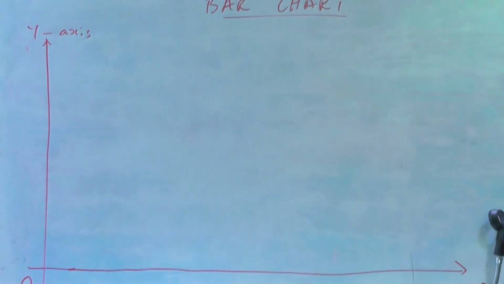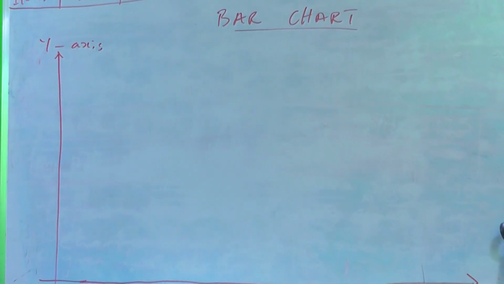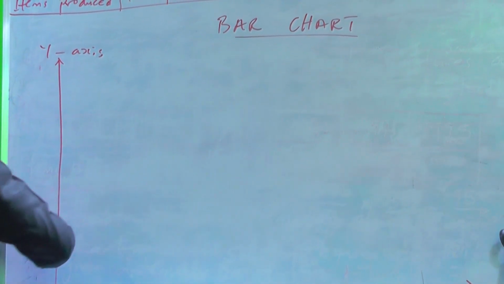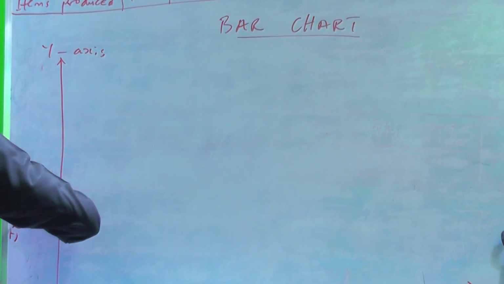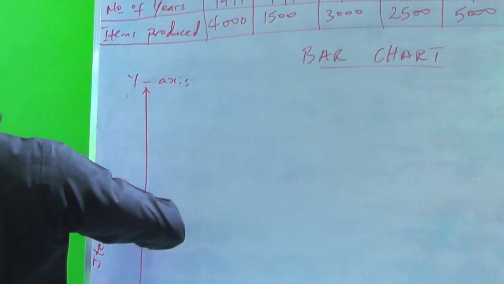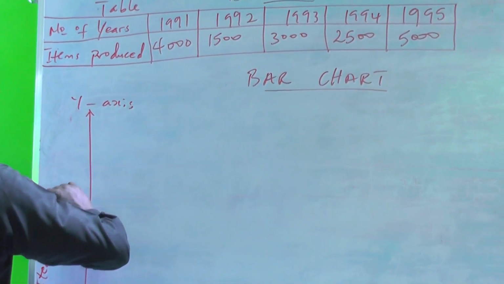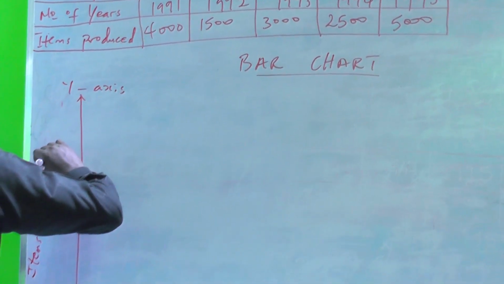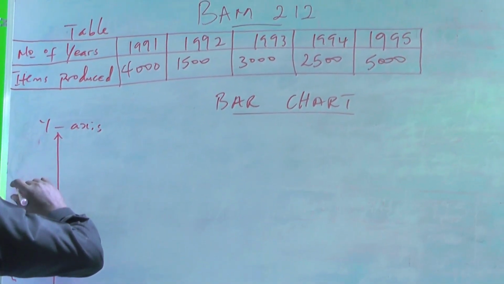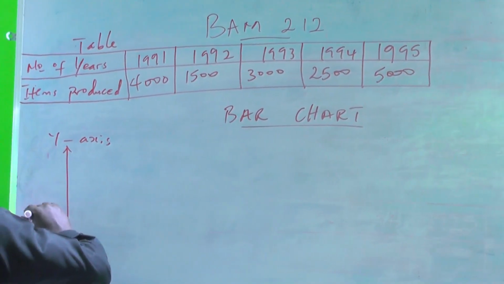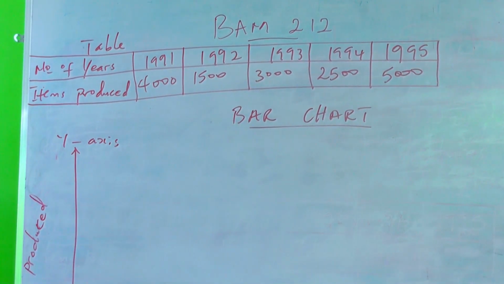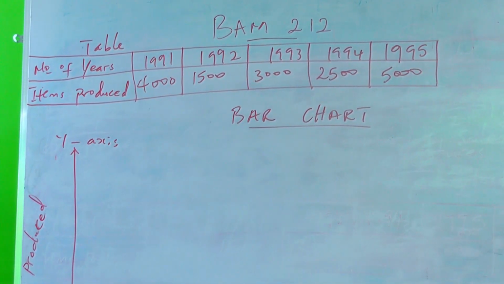We can say the one vertical is what? Is items produced. That is your frequency. So the numbers of items, the highest is 5,000.